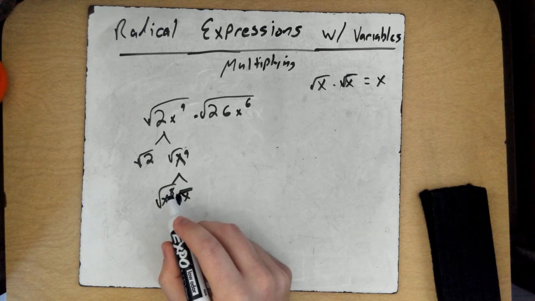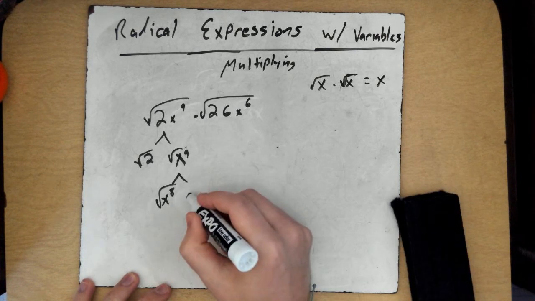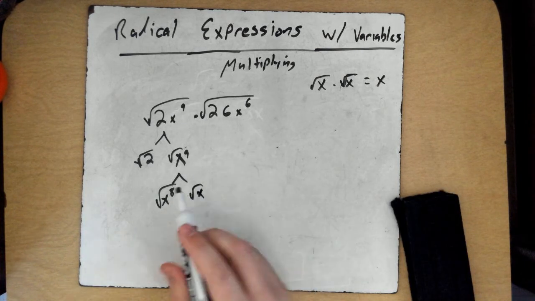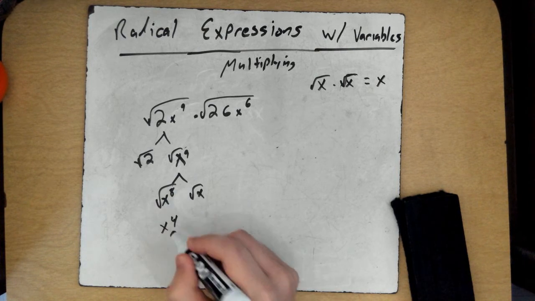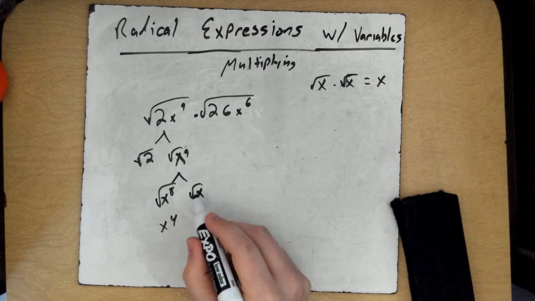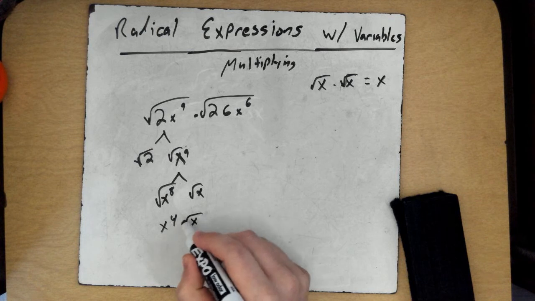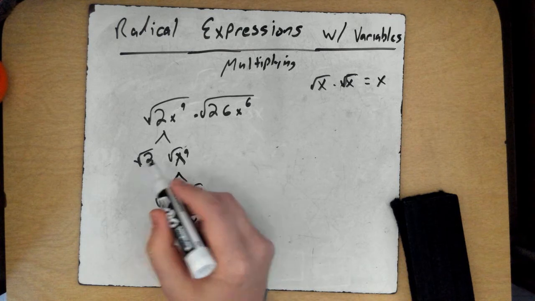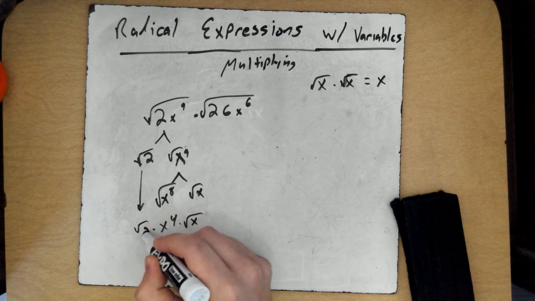And remember, once you have your 8, it's even. Now we can divide this number by 2 to get x to the 4th with no radical. Our square root of x stays the way it is. Our 2 over here, we're going to bring this down here just to keep it consistent.